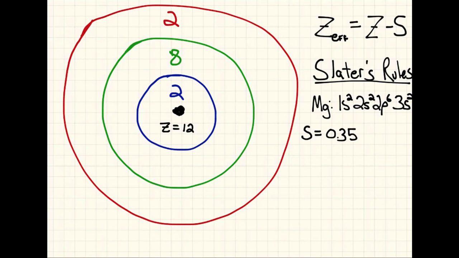And what Slater's rules tells us is that for electrons that are one zone closer to the nucleus than you are, so they are more effectively shielding you, Slater's rules gives those electrons a value of 0.85. In other words, we say that those electrons are shielding the outermost electron 85% of the time.